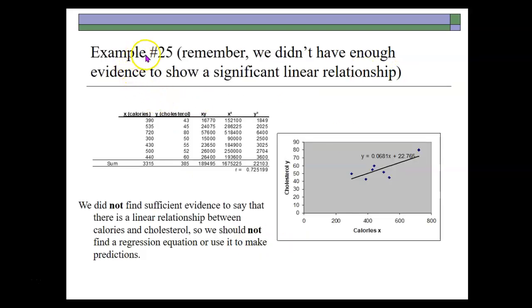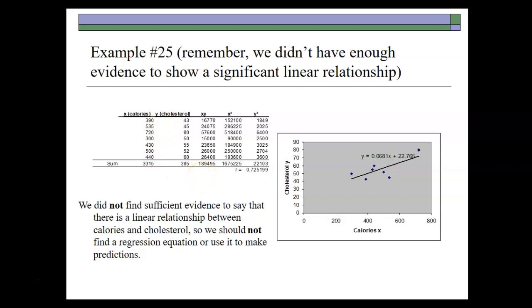Now, the last example we did in section 10.1 was looking at calories and cholesterol in a sample of fast food chicken sandwiches. We calculated the correlation coefficient, we tested its significance, and we decided that there was not enough evidence to show that there was a relationship between calories and cholesterol.